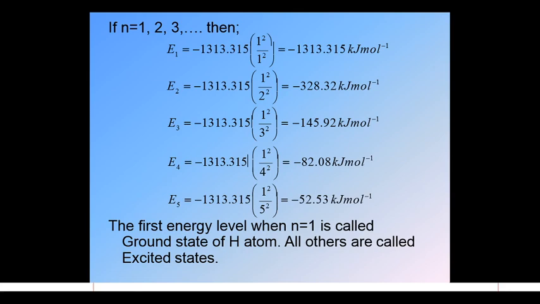So in the lowest energy level, n is equal to 1. The electron has this much energy in kilojoule per mole, or you can represent it in electron volt also, that is minus 13.6 eV, with the radius R1 equal to the Bohr radius 0.53 angstrom.